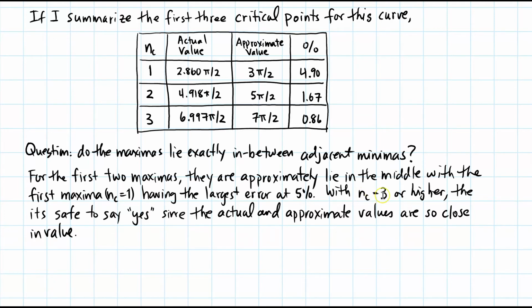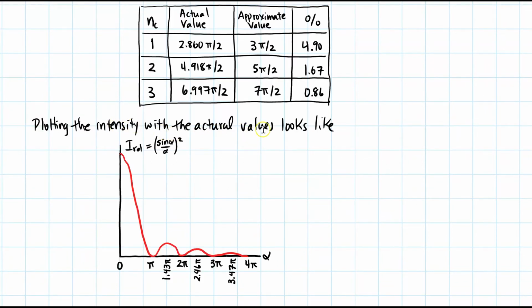With NC 3 or higher, it's safe to say yes, since the actual and approximate values are so close in numerical value. And the intensity with the actual values looks something like this here. So the minimas occur at pi, 2 pi, 3 pi. So the first max here, you could see, is not exactly in the middle. It's not at 1.5 pi.